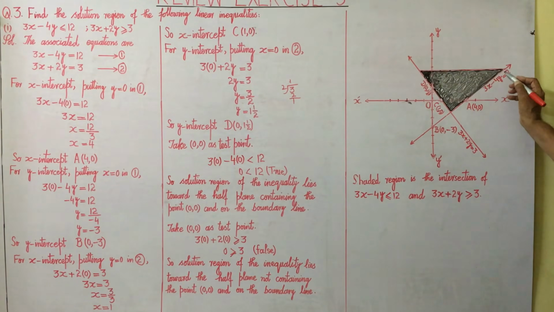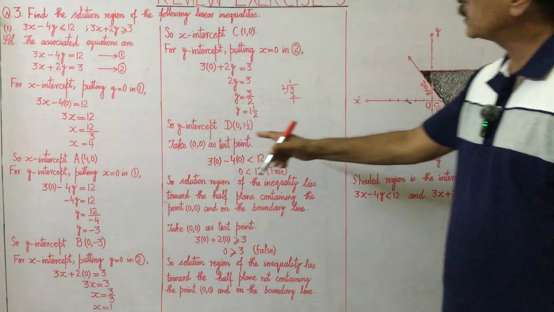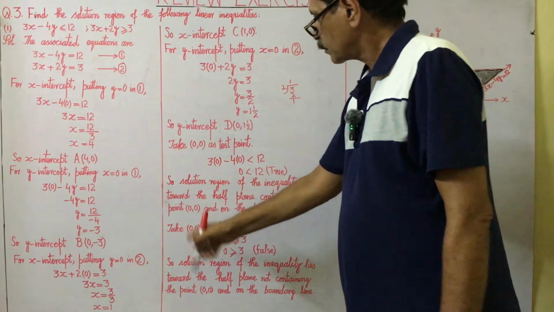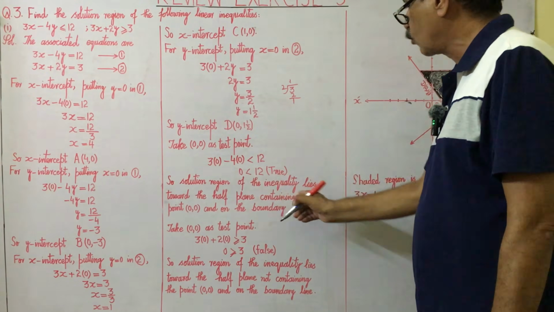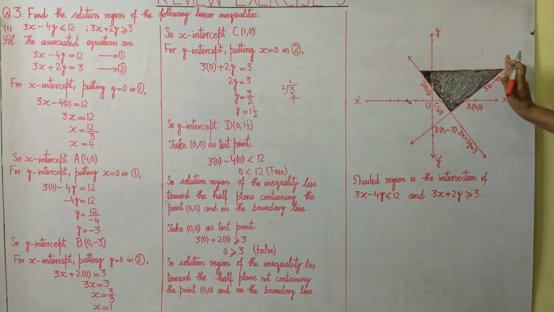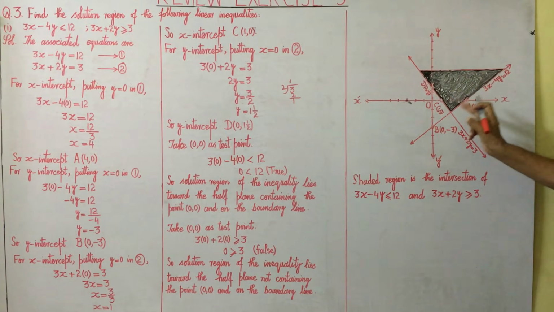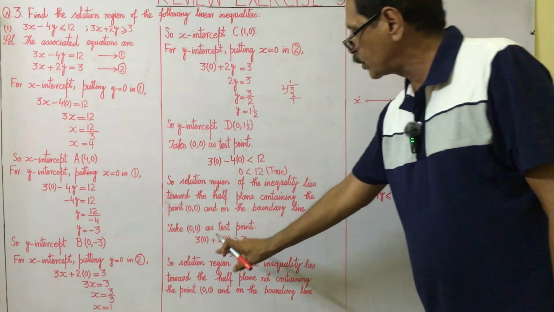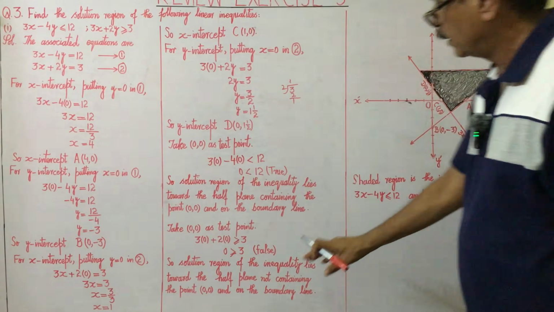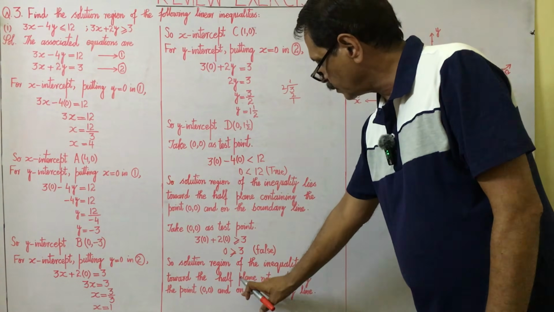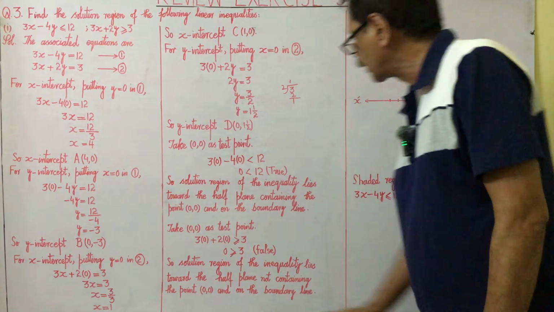Now the shaded region is this, because you see, solution is towards the half plane containing the point 0, 0. So this is towards the 0, 0 point, and the solution region of the second line is towards the half plane not containing 0, 0.